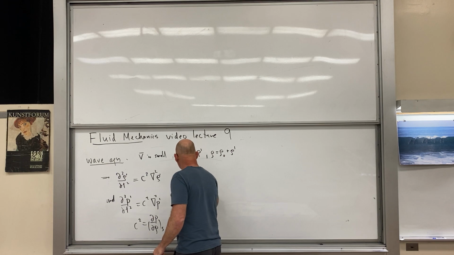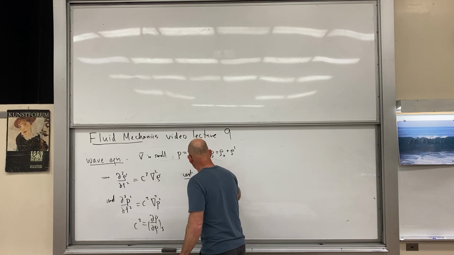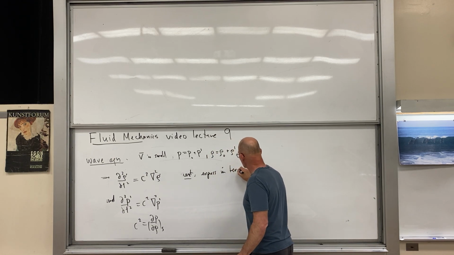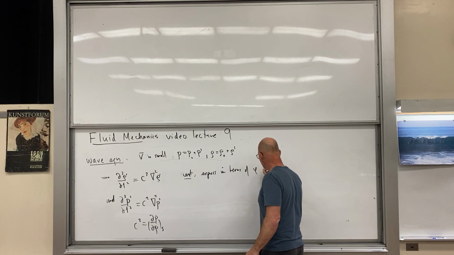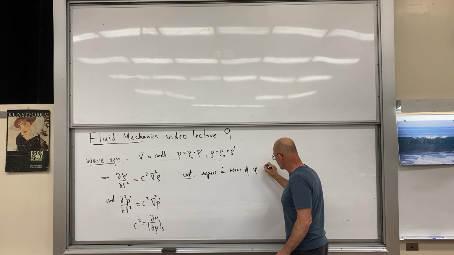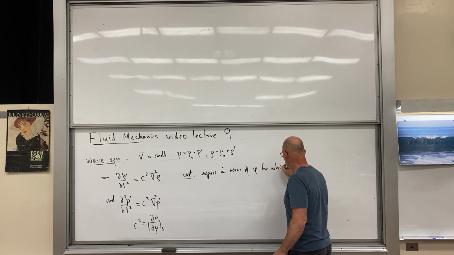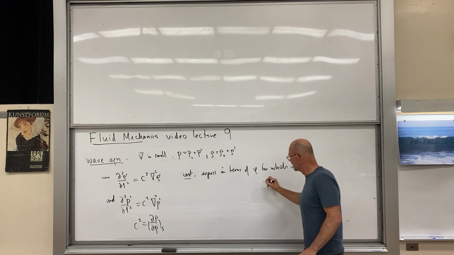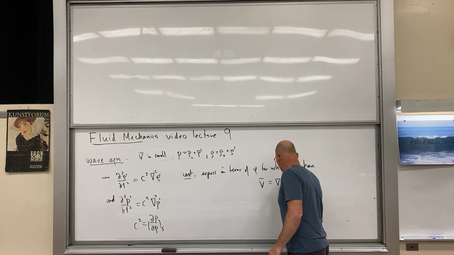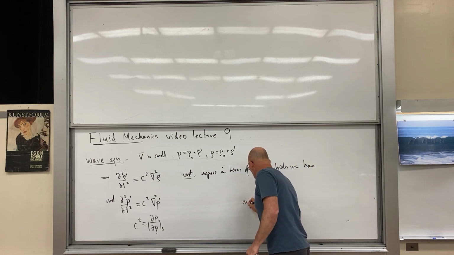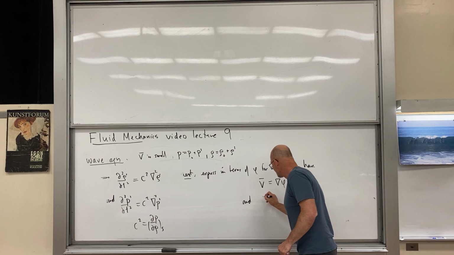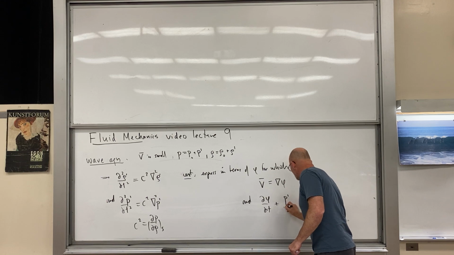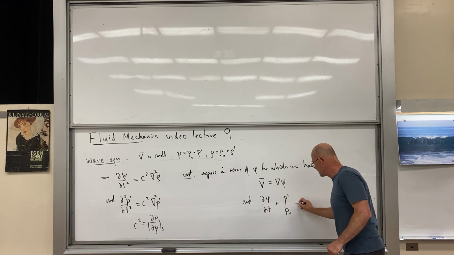So I'll write here next, express in terms of phi, for which we have first of all that the velocity is the gradient of phi, and from Bernoulli's equation we also have d phi dt plus p prime over rho naught equals 0.